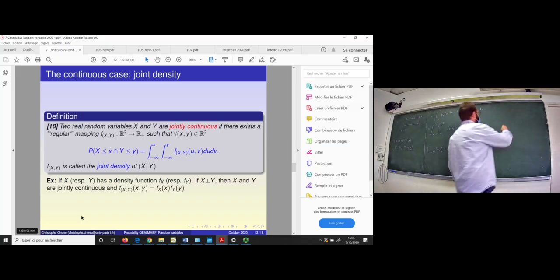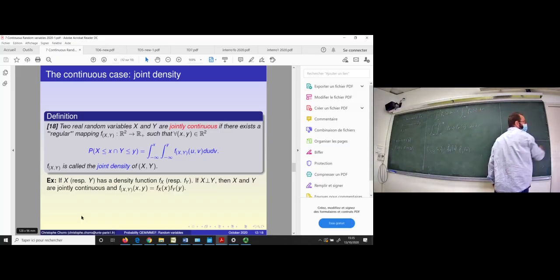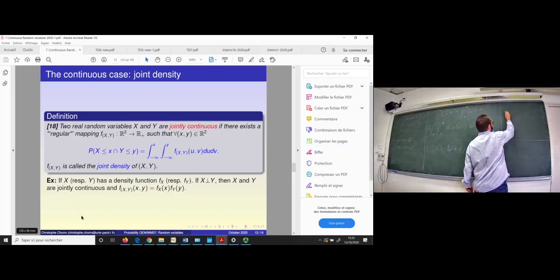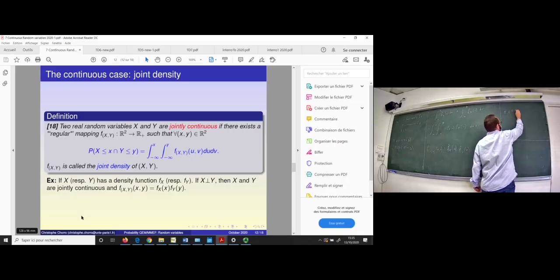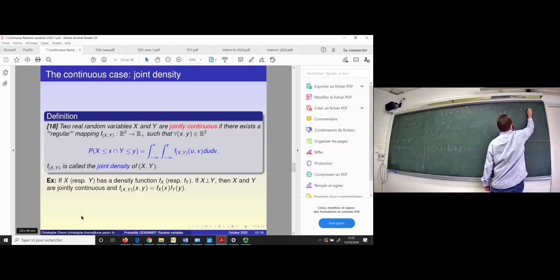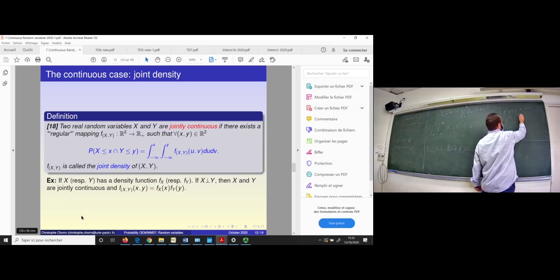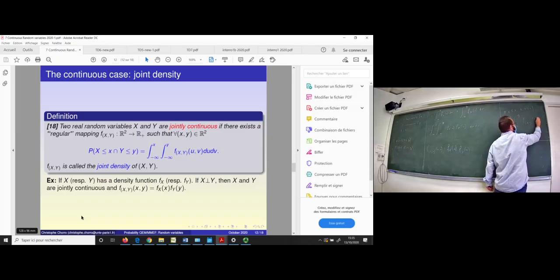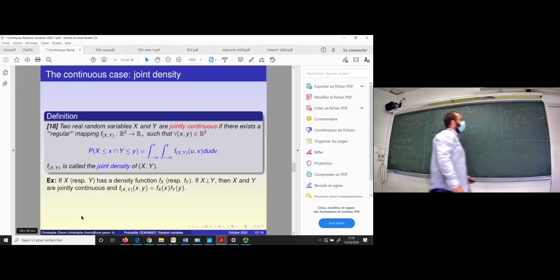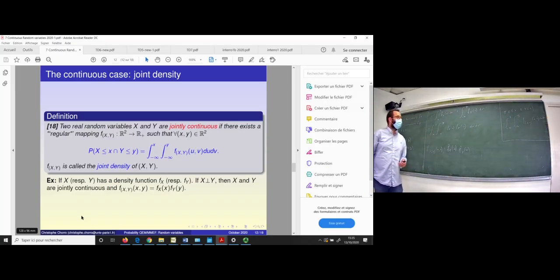So I just copy here the definition of having a density function: it is just the fact that I am able to express this quantity using a double integral of a mapping that I call f_XY, doing the integral in the order I want.